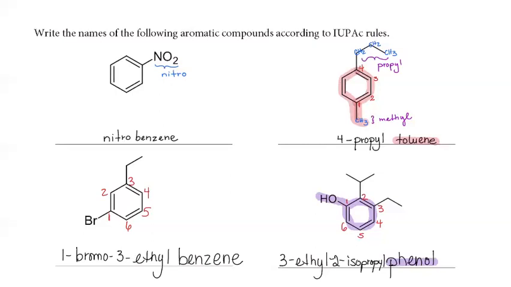Then I'm going to number the other substituents from that carbon 1 in order to give them the lowest number. That only happens when you have an OH, so phenol is your parent chain. If you have a methyl, that's toluene. And if you have an amino group, that's aniline.